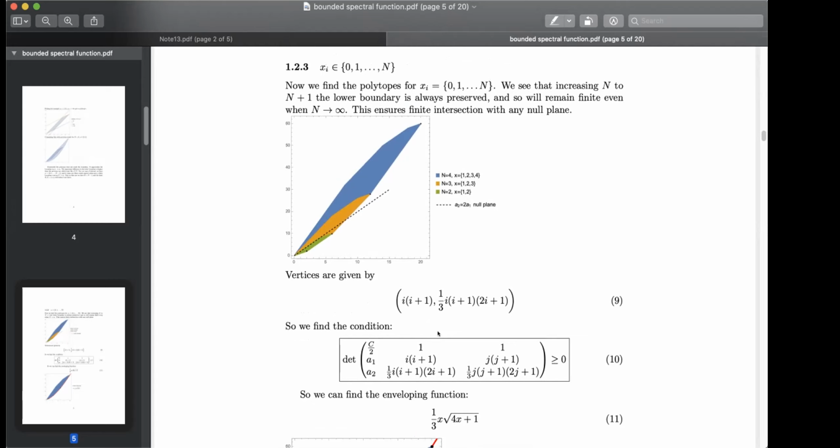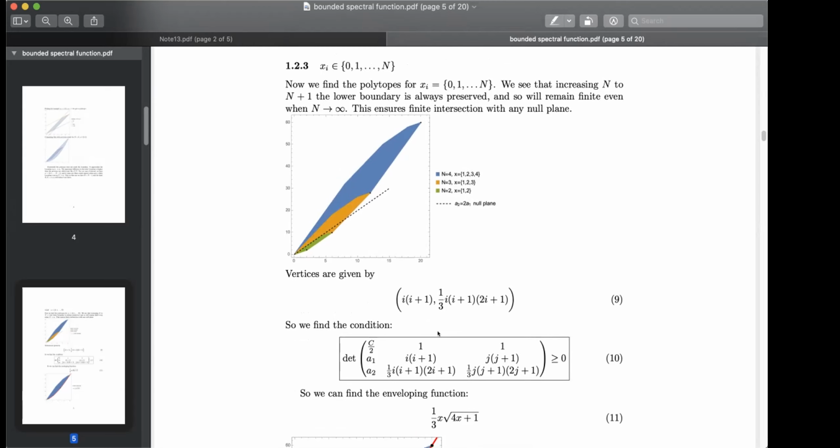It'll be good if we can go to 3 points, because we have this 2j plus 1, then 2i plus 1. If we go to the third column, we can see what the pattern is, at least what this polynomial is.